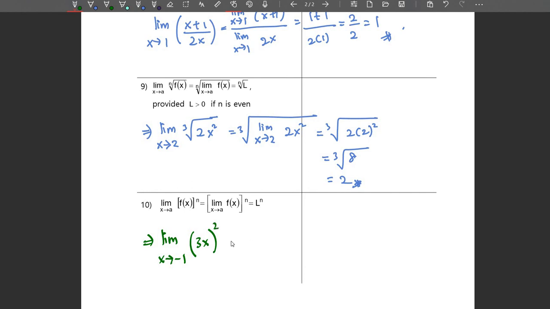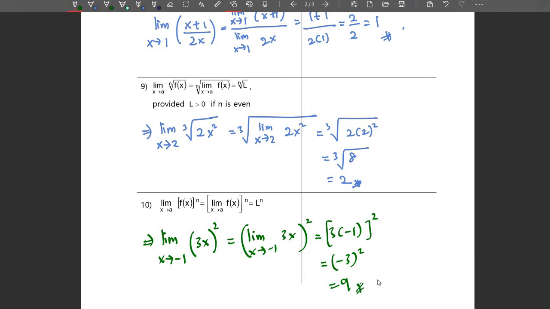It means here it is equal to the limit as x approaches negative 1 of (3x) to the power of 2. Here it will be 3 times negative 1, to the power of 2, which is negative 3 to the power of 2, equal to 9.